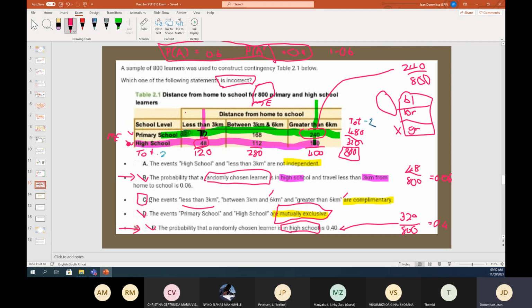Okay, so that is complementary. So let's look at the other one. Events high school and less than 3 kilometers are independent. So let's see, where can I create some space for me?